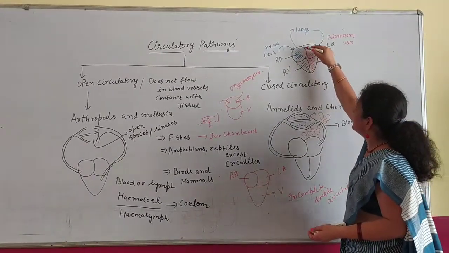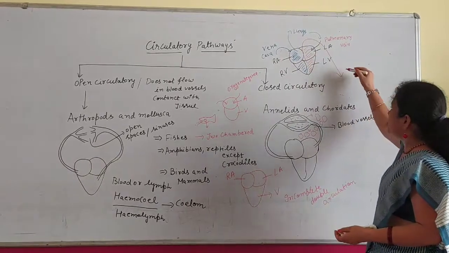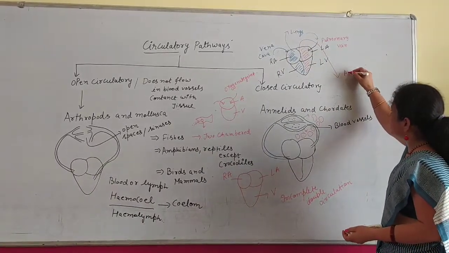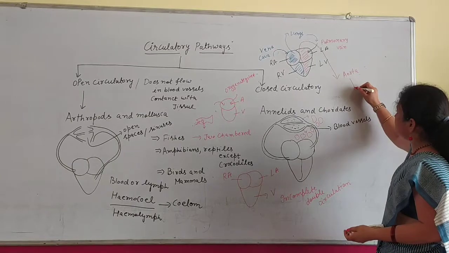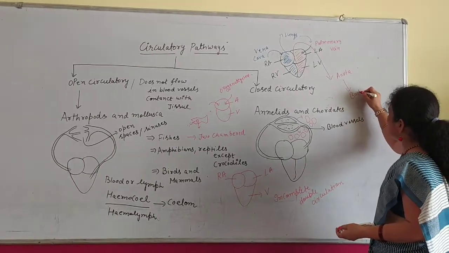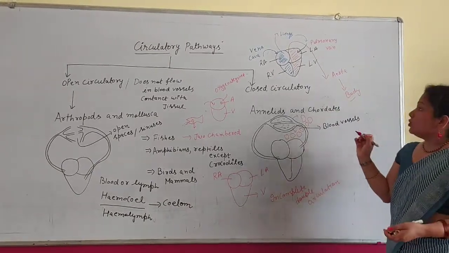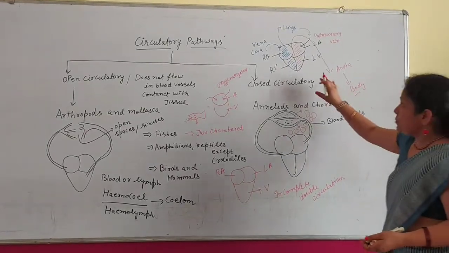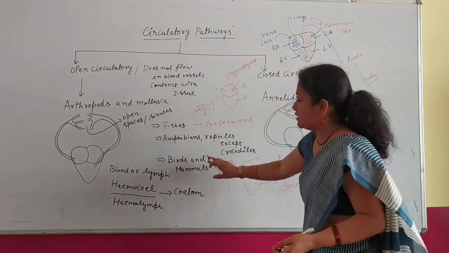From here the aorta, the largest artery, supplies the blood to our body. So that is about the four-chambered heart in birds and mammals.